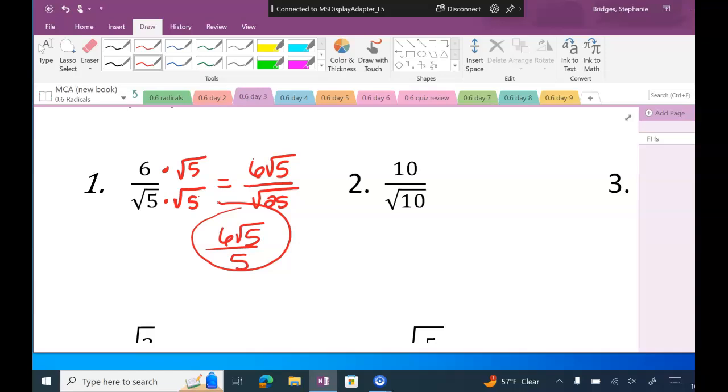If I have the square root of 10 in the denominator and I need to make it a perfect square, I'm going to multiply it by itself.